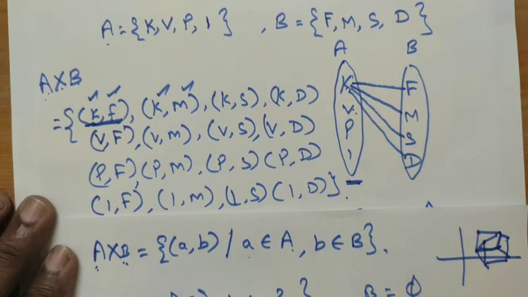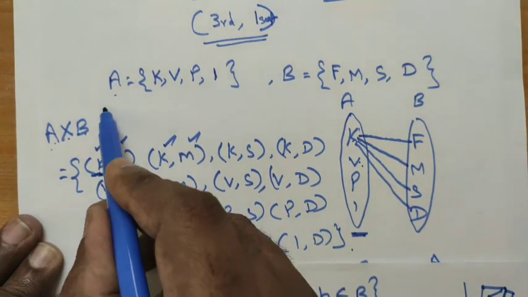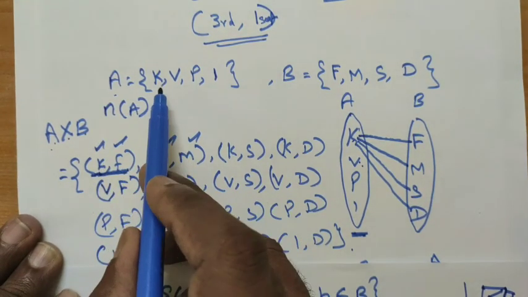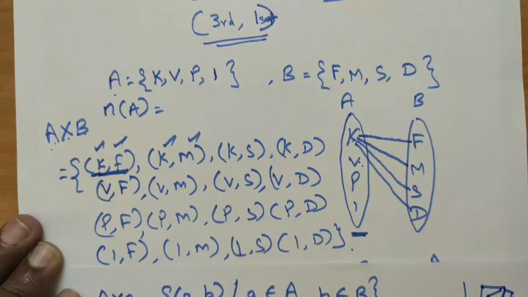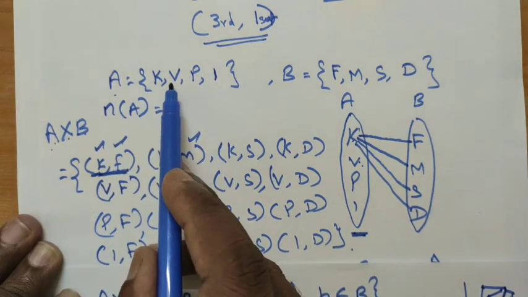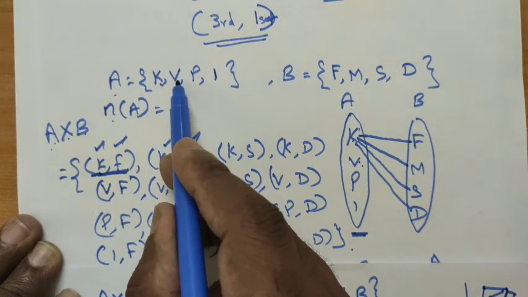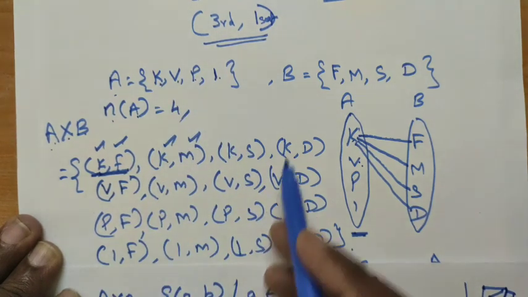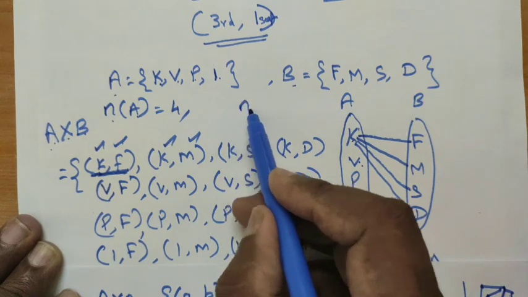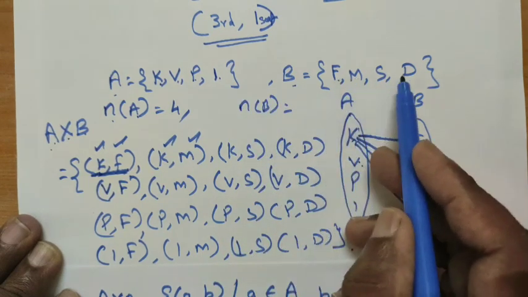Finally, we look at the set A. n of A is equal to, what are the elements? 1, 2, 3, 4, so n of A is 4. And n of B is also 4.